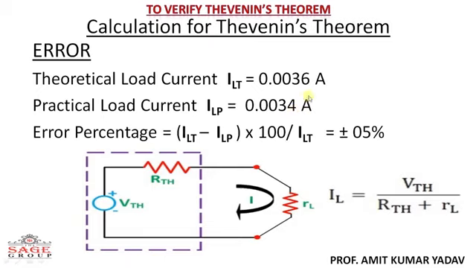So there is a slight difference in both the values. So what will be the error percentage? The error percentage, according to this formula, is 5%, which is acceptable. Okay, so we can say that it may occur due to the internal resistance which we do not consider in the theoretical part, and we consider internal resistance in the practical. Hence we can say that we have verified the Thevenin theorem.